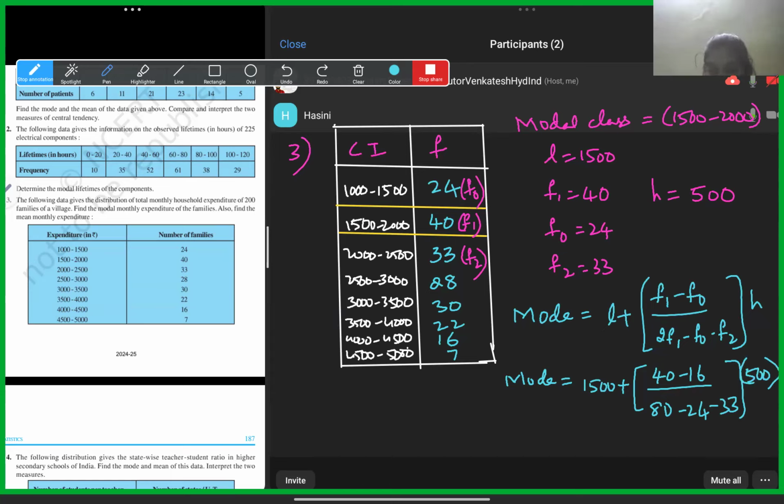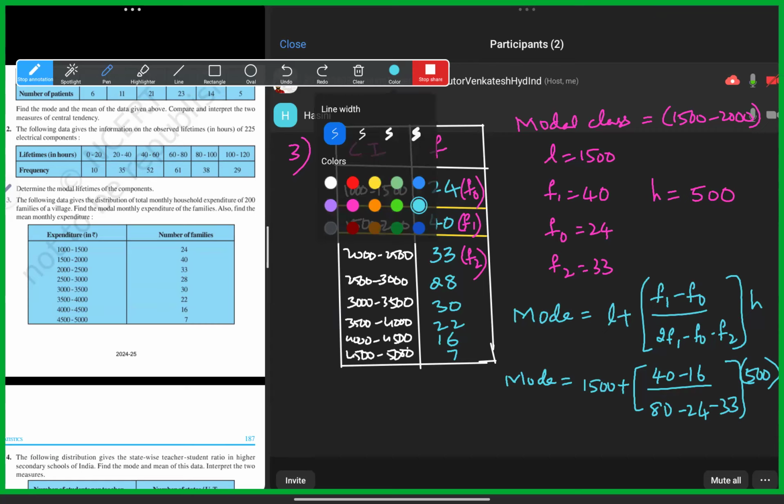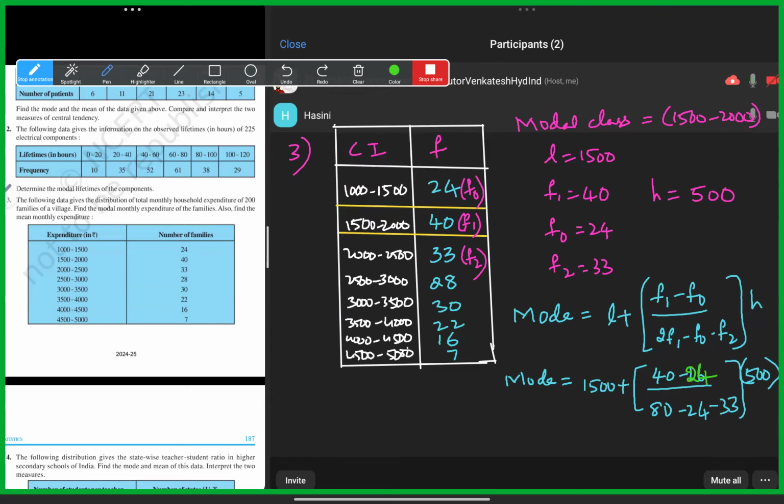Sir, in the F1 minus F0, instead of 24, you wrote 16, sir. Actually, how did I write 16, Hasmi? I don't know why I wrote it, by mistake.